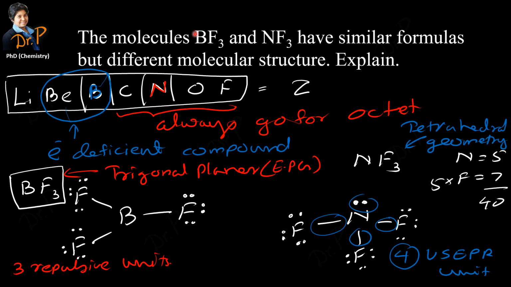So at the end, even though BF3 and NF3 have pretty similar formulas, their molecular structures are going to be different because they have different repulsive units. The geometry around the central atom is different. BF3 has a trigonal planar geometry, while NF3 has a tetrahedral geometry.